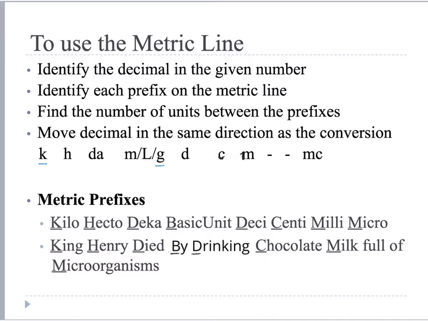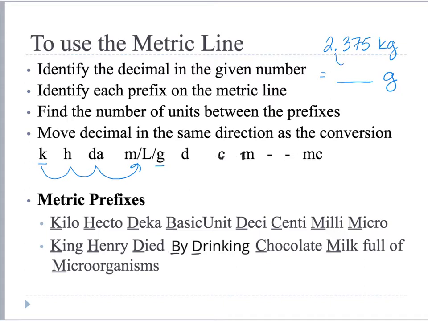So maybe a patient's weight is 2.375 kilograms. And I want to know what would that be in grams. Well, I would need to move over 1, 2, 3 places to the right to go from kilo to grams.